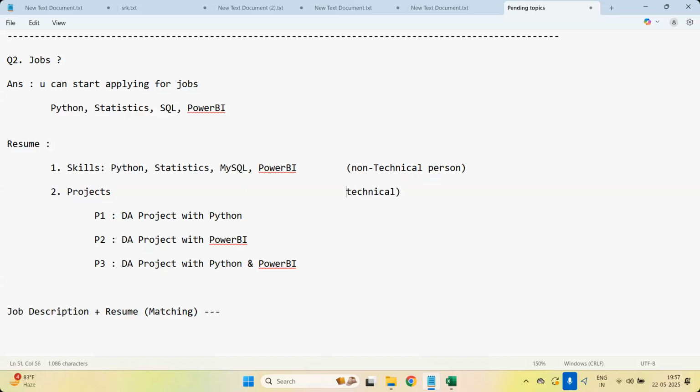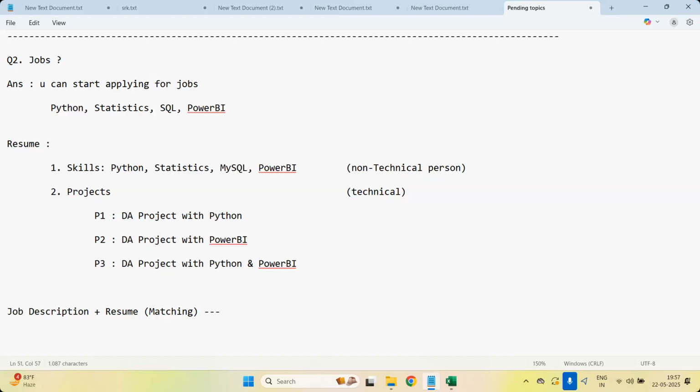So first your resume is going to get shortlisted by the non-technical person. Sir, what is meant by non-technical? Means who does not have awareness of data analytics in subject depth. They'll have some overview of what data analysis means, but internal content they don't know.